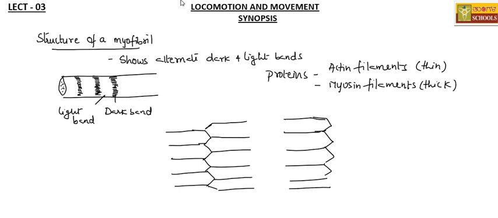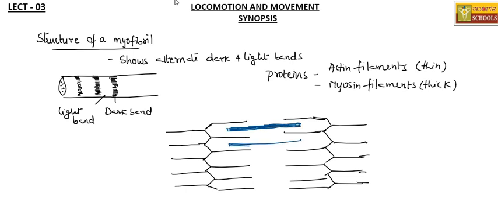Like this you will see continuous actin filaments and myosin filaments. Now in between these actin filaments we see the myosin filaments. These myosin filaments are thick. We'll see later what makes them thick, and why the actin filaments are thin, and what makes them thin.